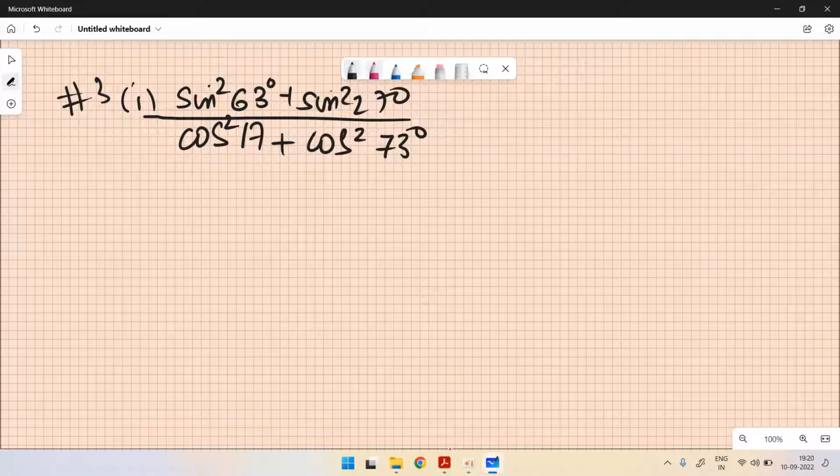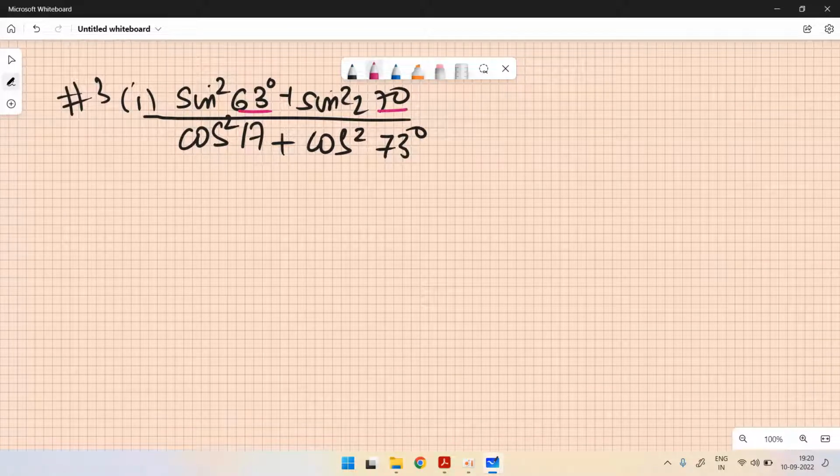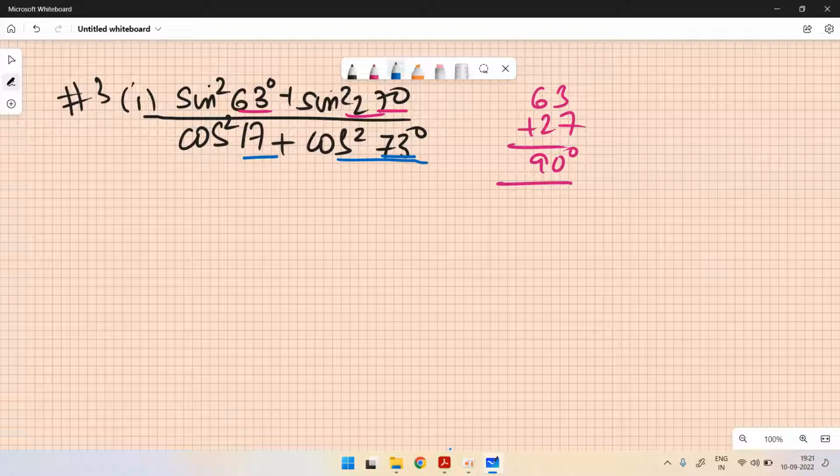Now if you clearly see, 63 plus 27 is nothing but 90 degree. And from here you can see that 73 plus 17 is nothing but 90 degree. So you can convert any one of these two, sine into cos, and the other will remain.